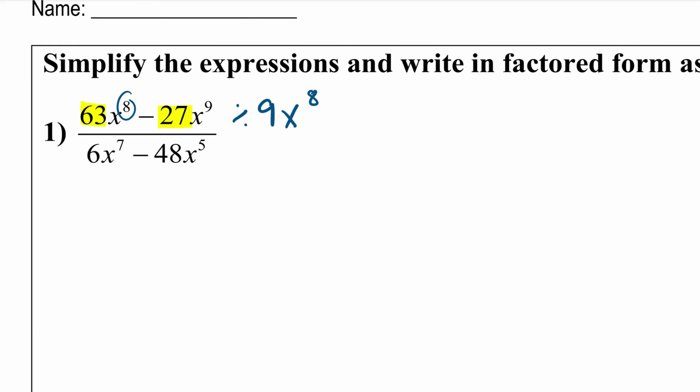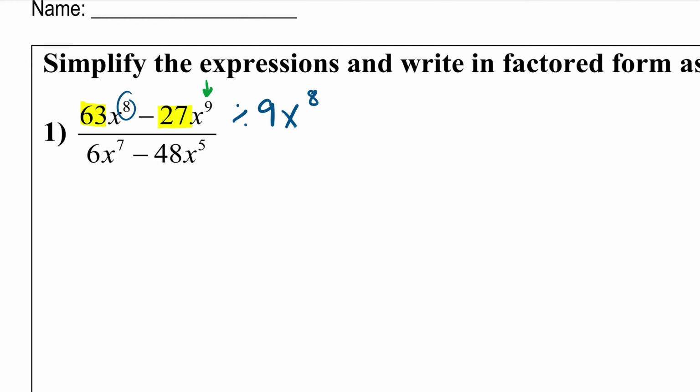But one more thing: whatever my highest exponent is determines the sign of my GCF. If my highest exponent is positive, then my GCF is positive. If my highest exponent is negative, my GCF is negative.